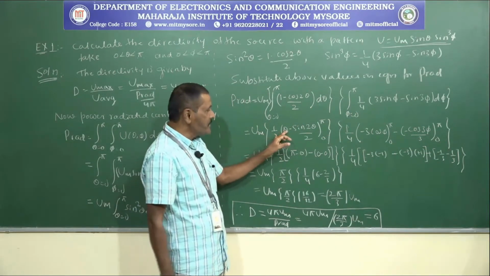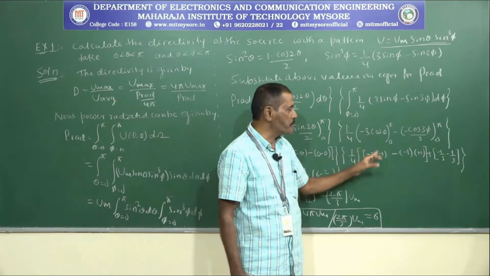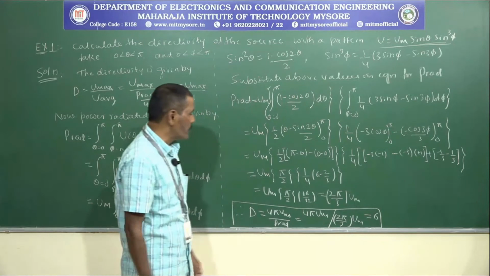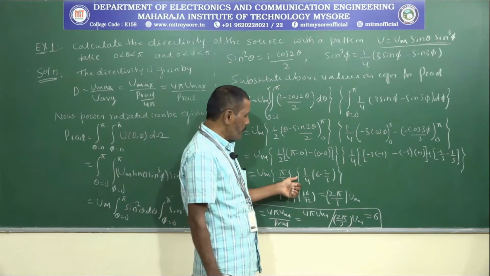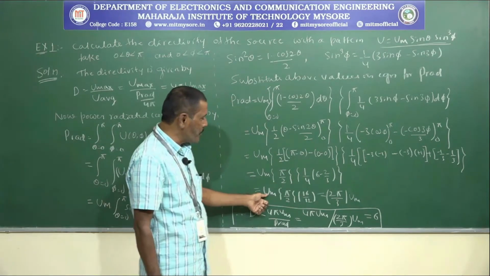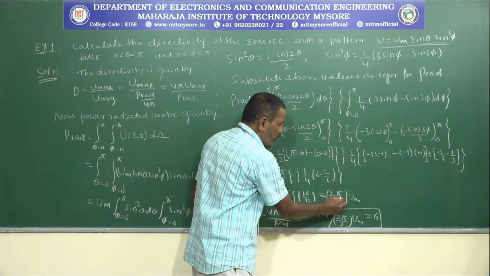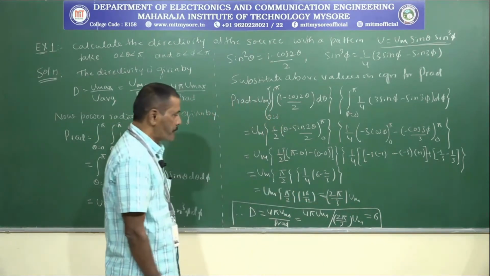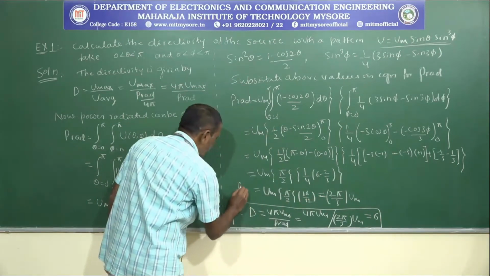Then substitute both the upper limits and the lower limits in both. So we will get Um into pi by 2 into 1 by 4 into (6 minus 2 by 3). So this is equal to Um into pi by 2 into 16 by 12. So this is going to be 2 pi by 3 into Um.